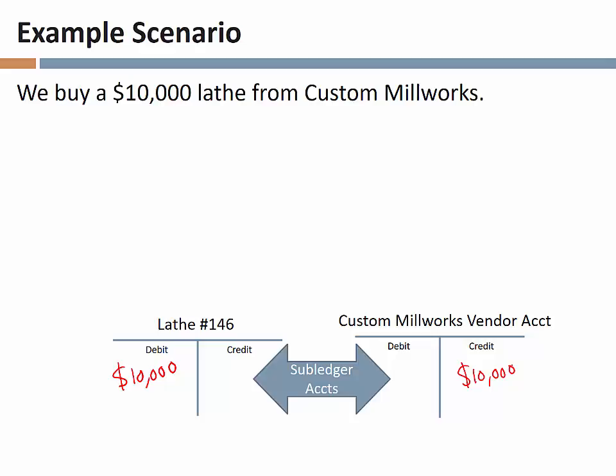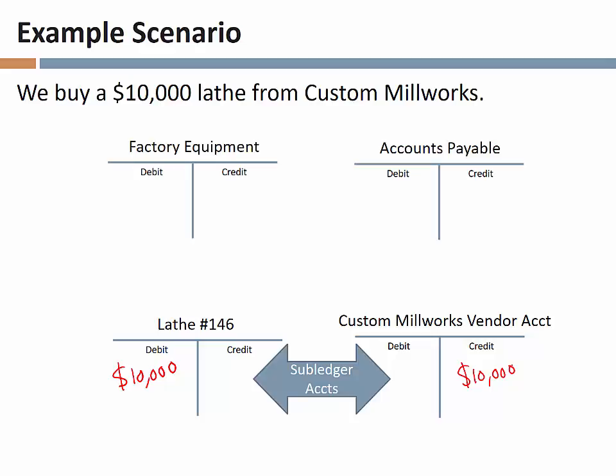But these are both subledgers. So these subledgers, in fact, map to reconciliation accounts in the general ledger. Now, the vendor account's pretty straightforward. This is going to map to, in our general ledger, our accounts payable account.